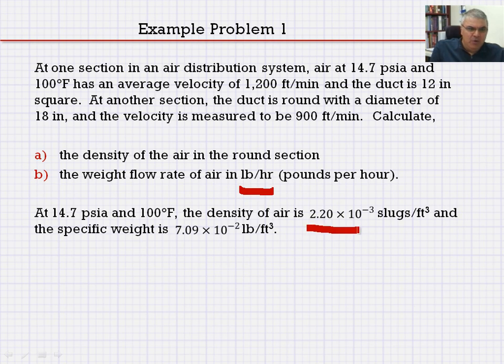The density is a variable, as we change the temperature and the pressure, of course, that would be different. But the density of air in this case would be 2.2 times 10 to the minus 3 slugs per cubic feet, and the specific weight is 7.09 times 10 to the minus 2 pounds per cubic feet. These are given.